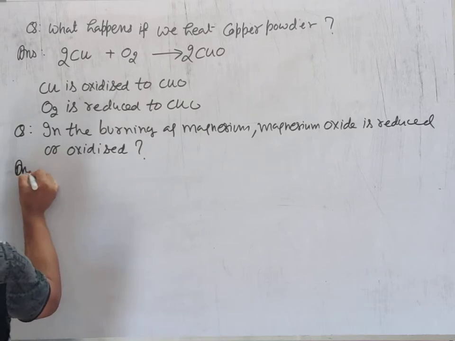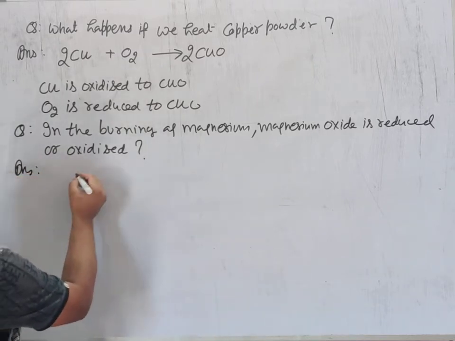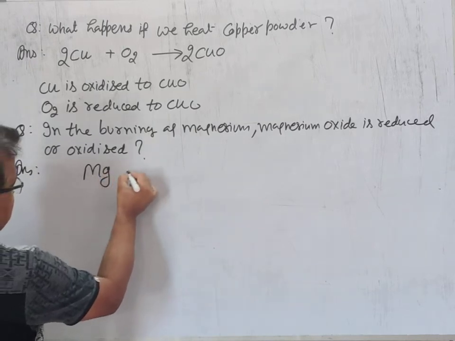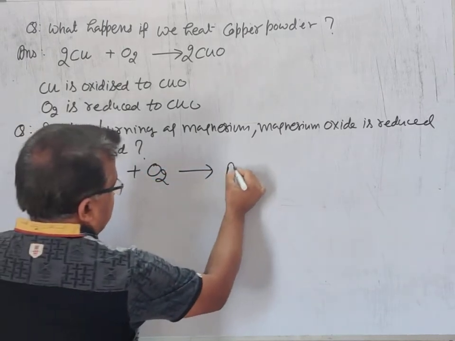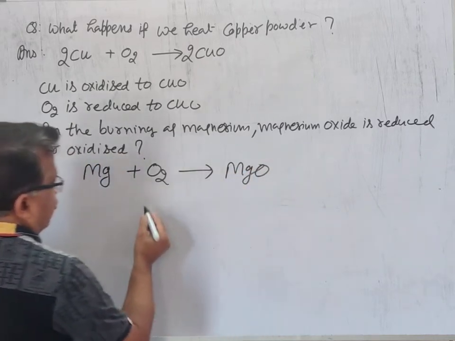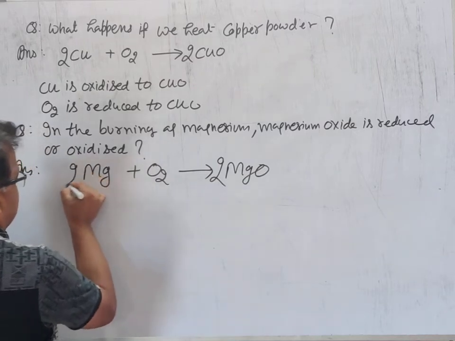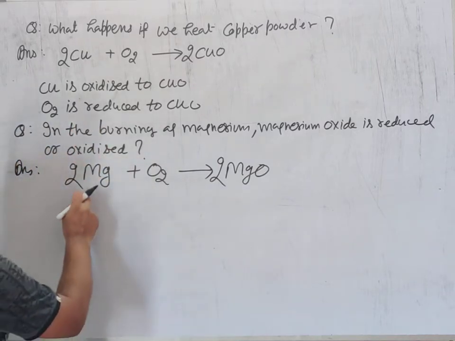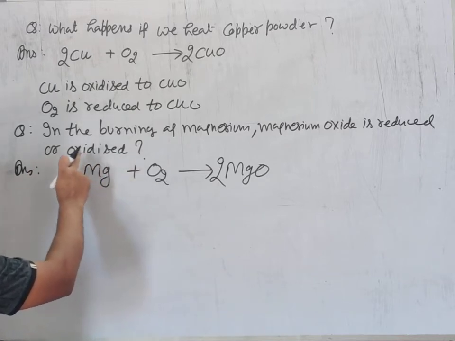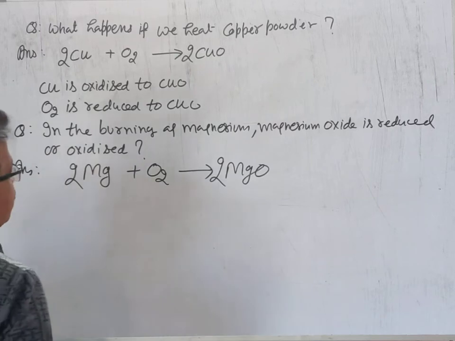Answer: I have told in the starting of this chapter that burning of magnesium means reaction of magnesium with oxygen, and magnesium oxide is formed. For balancing oxygen, 2 atoms here, 1 there, so we shall write this. Now it is also similar to the previous question.